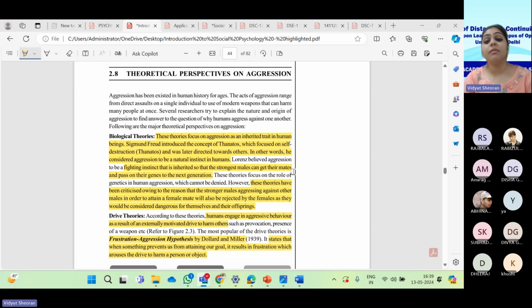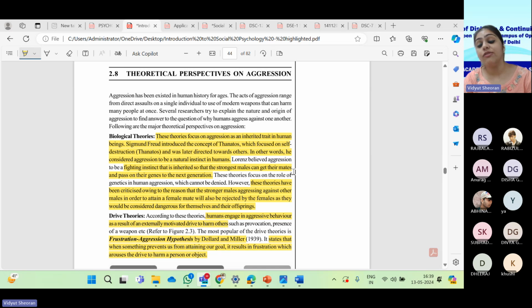So yes, if the males are too aggressive, then also they are not liked by the females because of the high levels of aggression. And females certainly don't want to be the victim of so much aggression, nor do they want their children to be harmed in future.